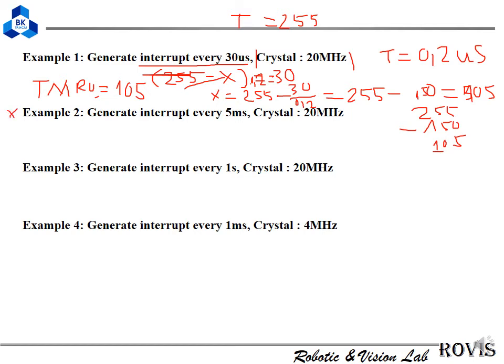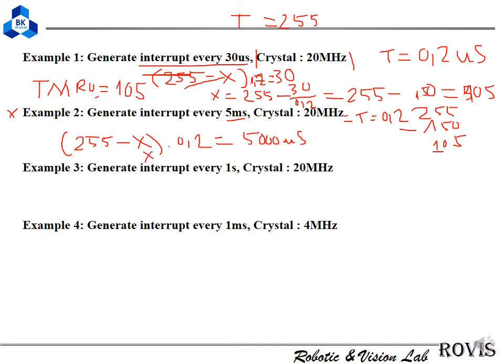And example 2: generate 5 milliseconds. Each count T equals 0.2 microsecond, right? So we have (255 - x) multiplied by 0.2 equals 5 milliseconds, that means 5,000 microseconds.